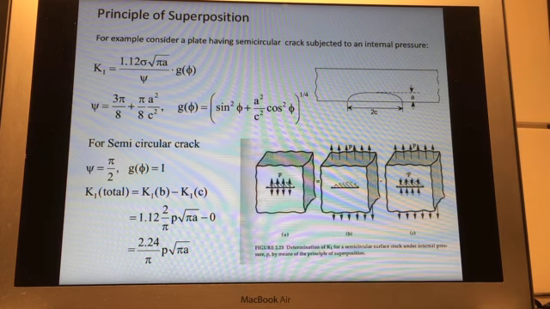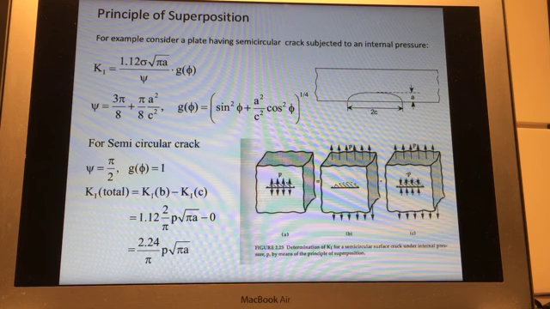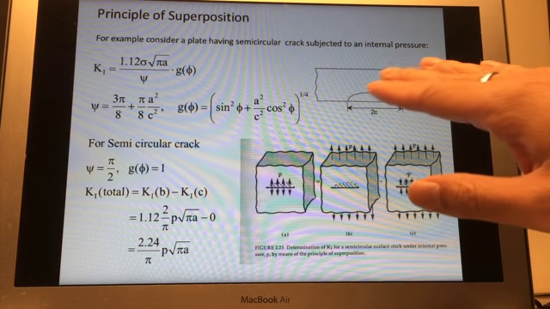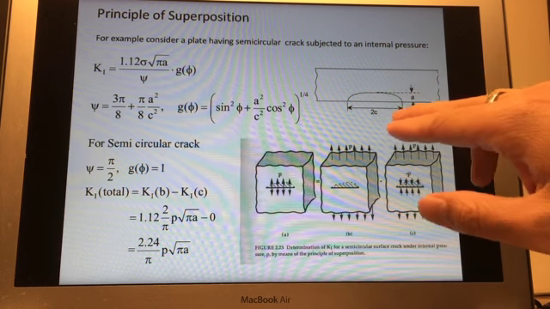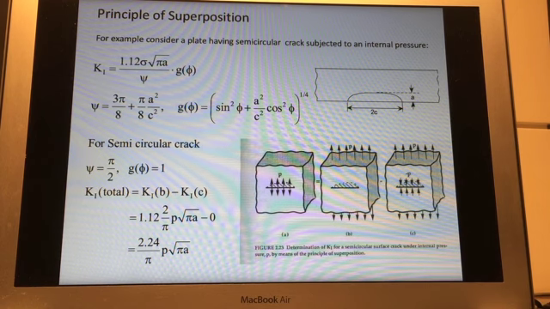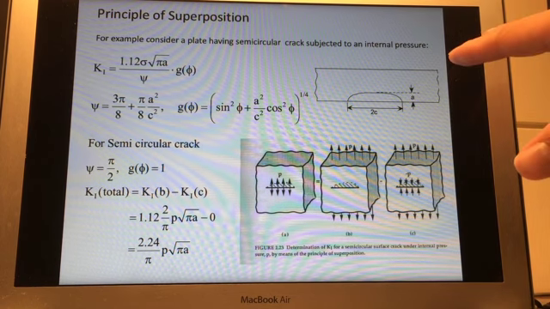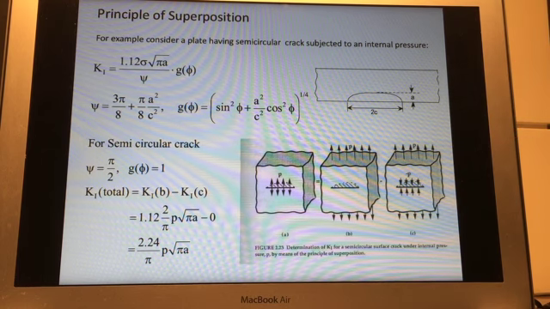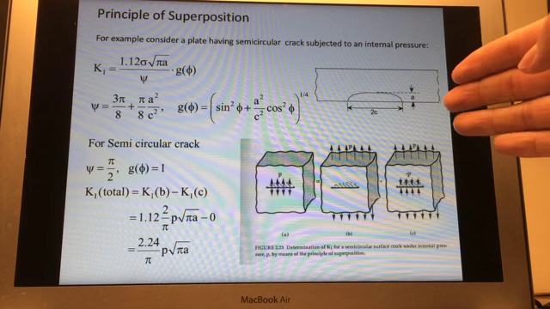Inside is liquid nitrogen, and because the pressure is very high, the cylinder will be a thin shell, right? So there's the internal pressure here. That might not be a good example, but we're going to go back to that very quickly.